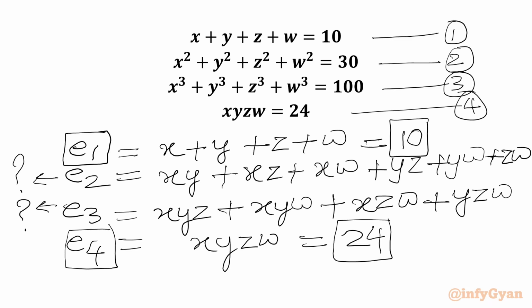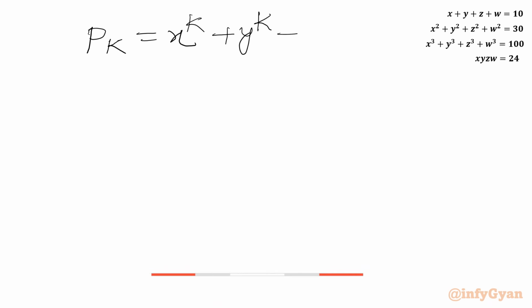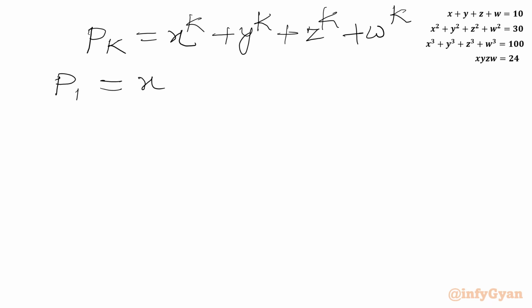I will use Newton's sum, so I need to know power sums also. I will write here the general Pk, which is nothing but x power k plus y power k plus z power k plus w power k. Now I will put k equal to 1. So I will be writing P1 equals x plus y plus z plus w, which is our equation 1, value is 10, and which is also equal to E1.